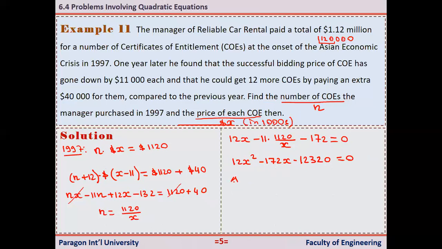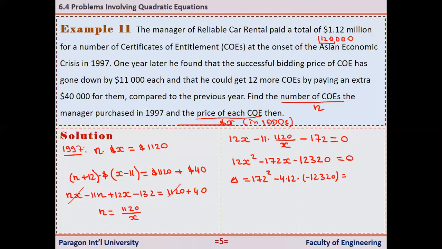So first, let's find the discriminant. That is equal to 172 squared, we can just ignore the sign, minus 4 times 12 times minus 12,320, which is equal to 172 squared plus 48 times 12,320.